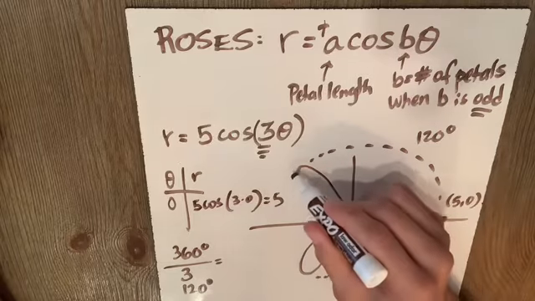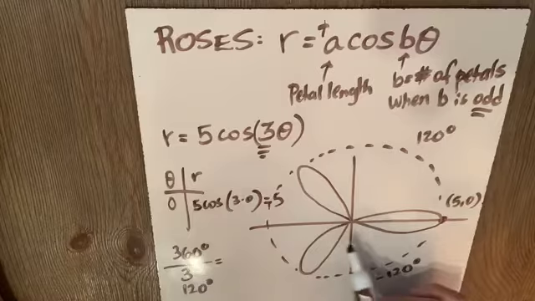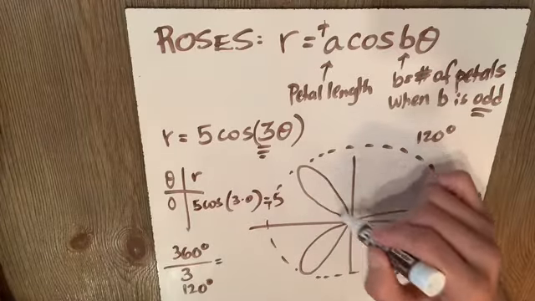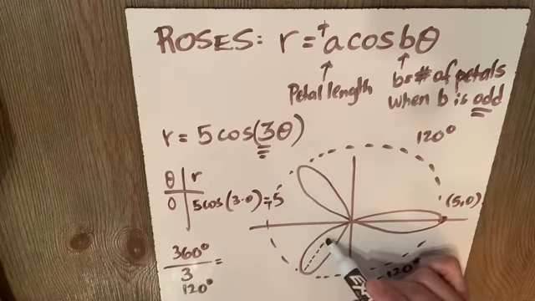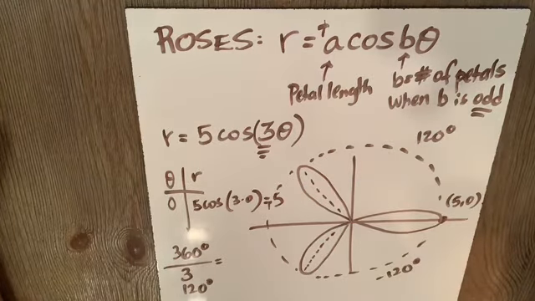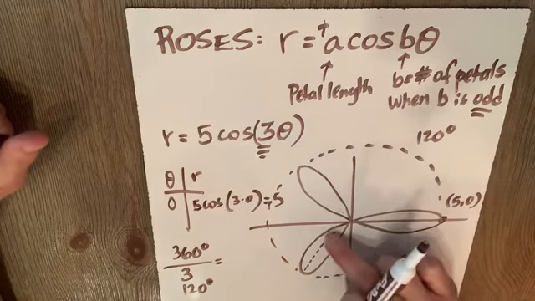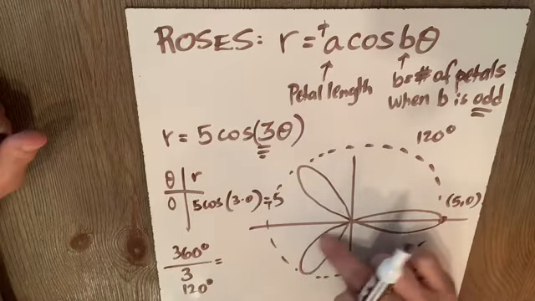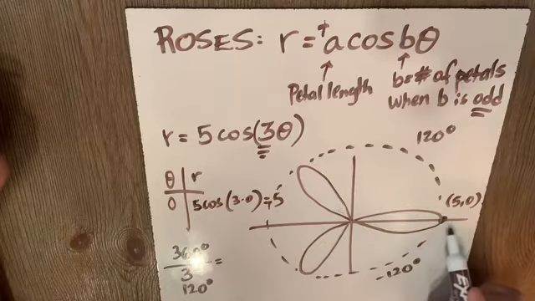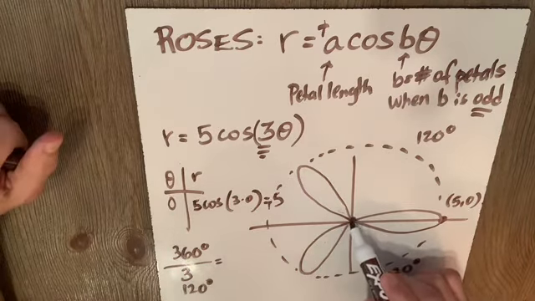Or I could say that if I went all the way to here, that would be 240. So that these have a maximum angle between them. If this is actually a flower, that would be the vein in the middle of the flower. Notice what cosine does. If we think of this as a little flower, the head is pointing to the right. You're going to find that with cosine all of the time.